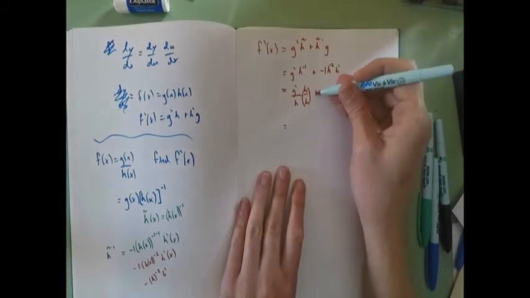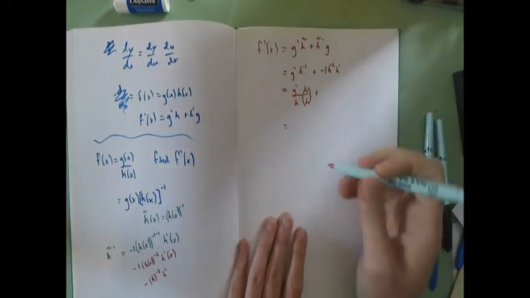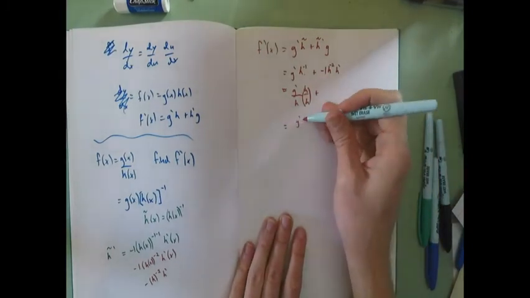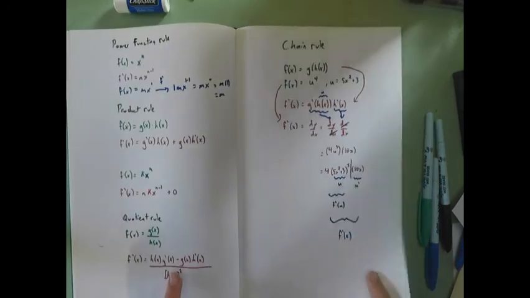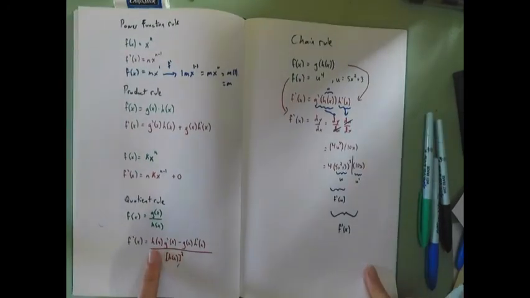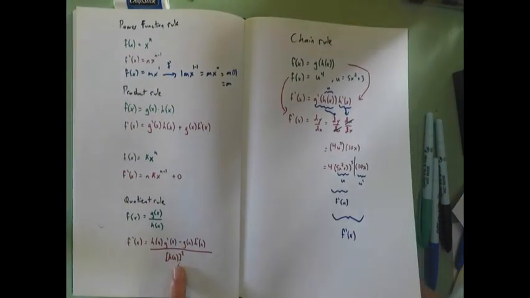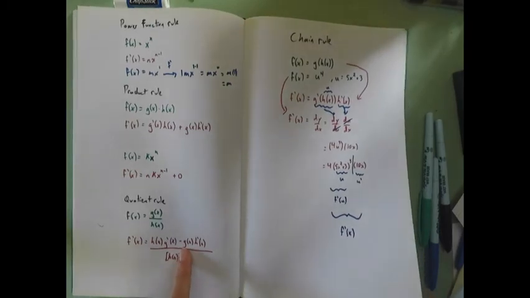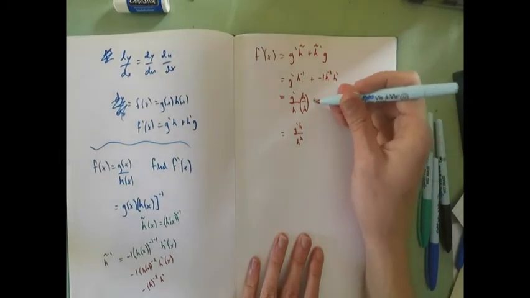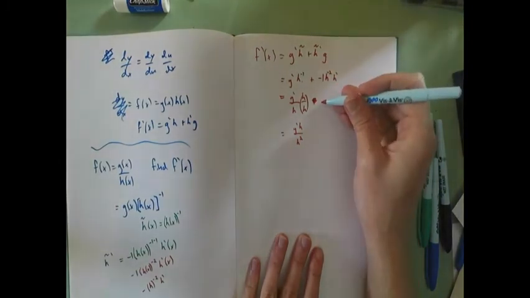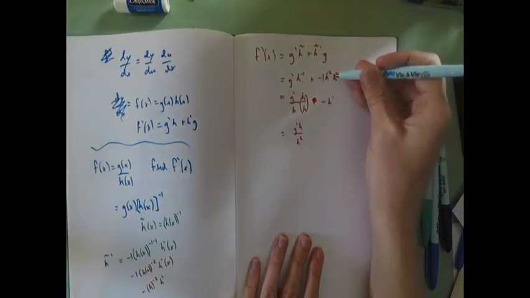So this is going to turn into g prime h over h squared. And hey, check this out again. There's that g prime times an h over an h squared, minus some other stuff, which is what we've got over here. So let me just get rid of that plus and call this a minus h prime.